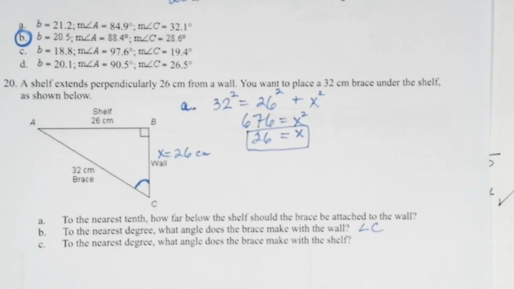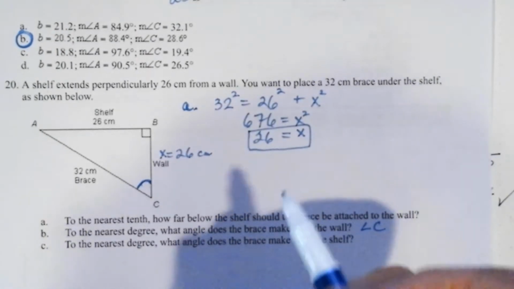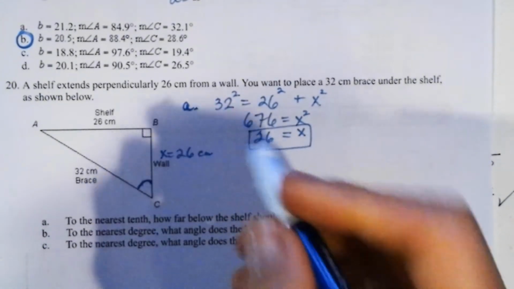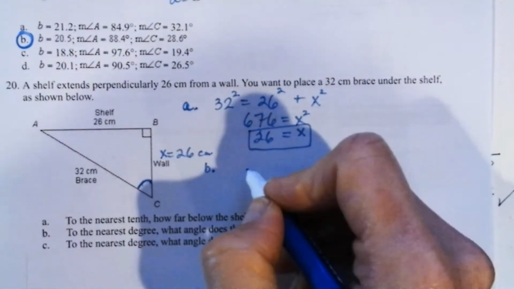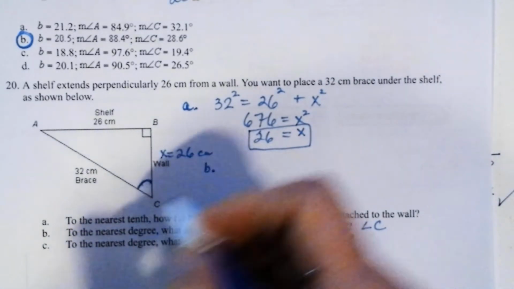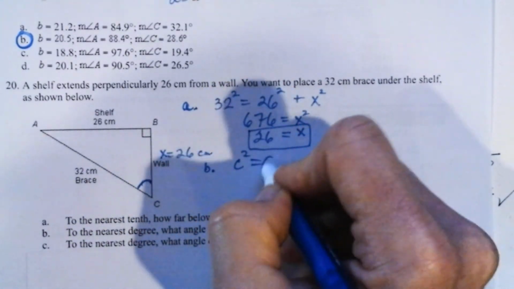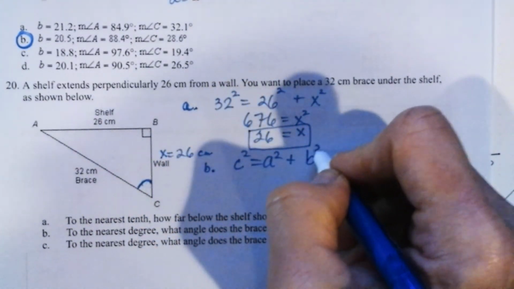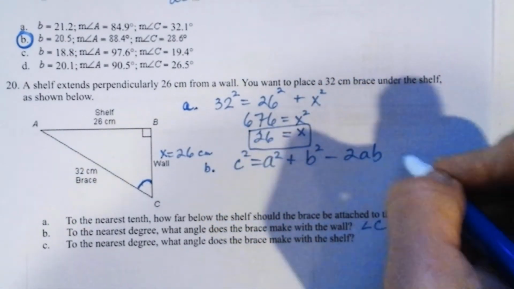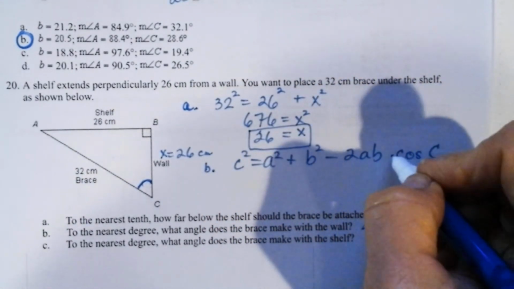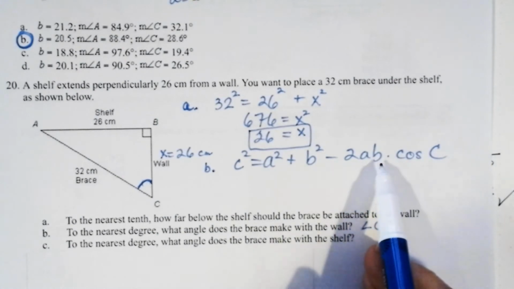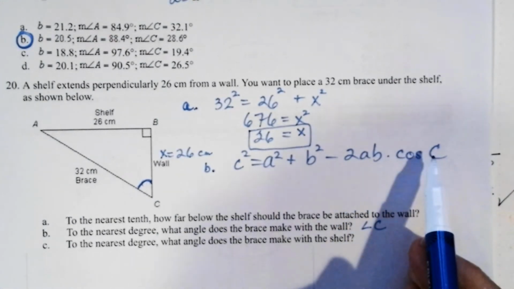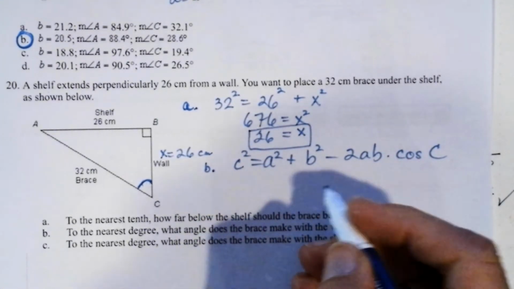Okay, when I have side, side, side, again, I have to use the law of cosines. If I want to find angle C, then I have to do C squared equals A squared plus B squared minus 2AB times the cosine of C. I have A, B, C, so then I'll just have to solve for that.